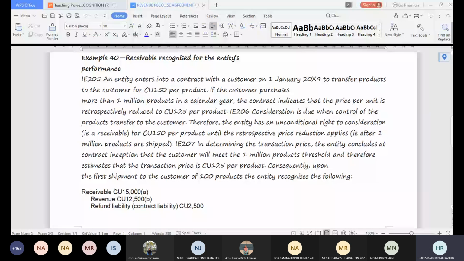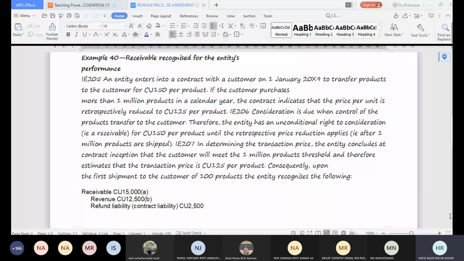Like example 7.4, if the customer purchases more than 1 million of this product in one calendar year, the contract indicates that the price per unit is retrospectively reduced to ringgit Malaysia 125. That means from the initial price of 150, it will reduce to 125 if the customer purchases more than 1 million units.